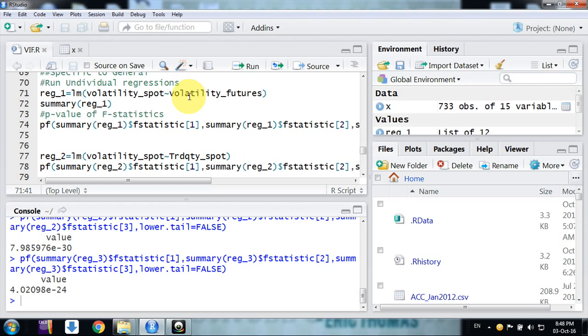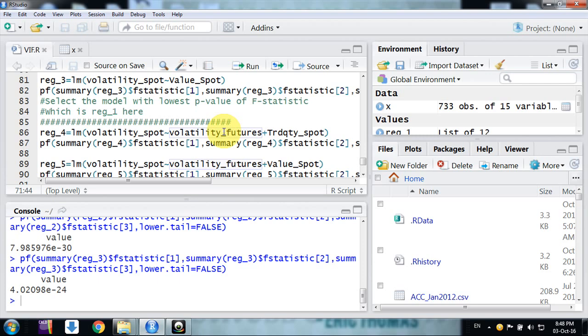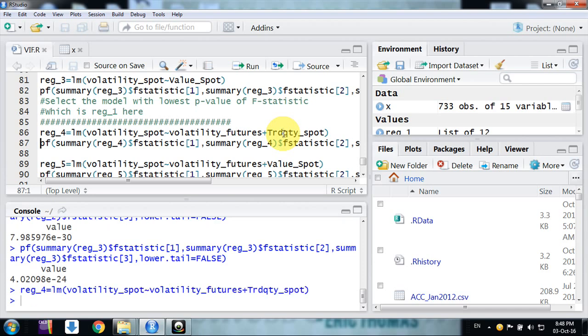Now we are left with two variables, so we will again run two models where this one is fixed but the other independent variable changes. Regression 4 has volatility of futures fixed and another variable included, so now my independent variables are two: first trade quantity spot, and then value spot.